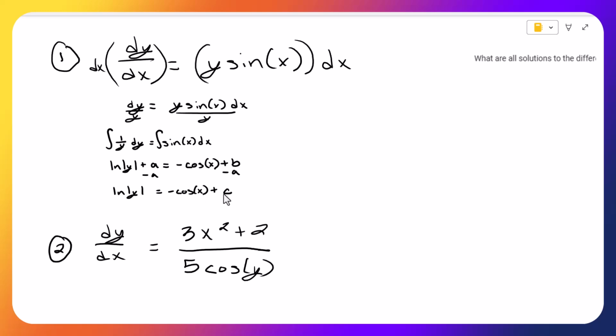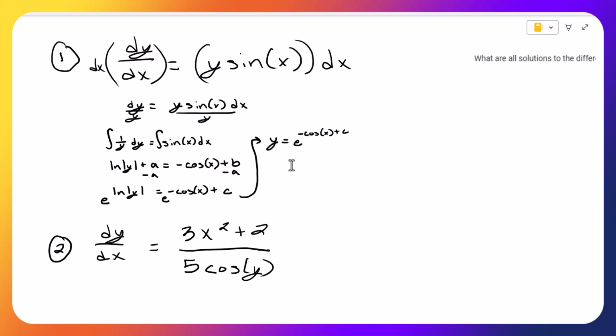So I'm going to make both of these exponents of e. And then what happens is this e and this ln undo each other. So we're just left with y equals e to the negative cosine x plus c.